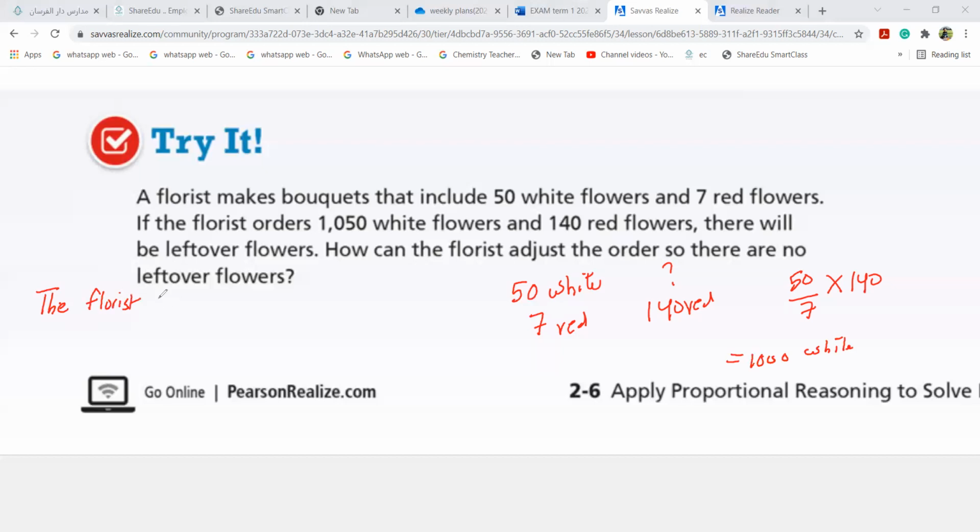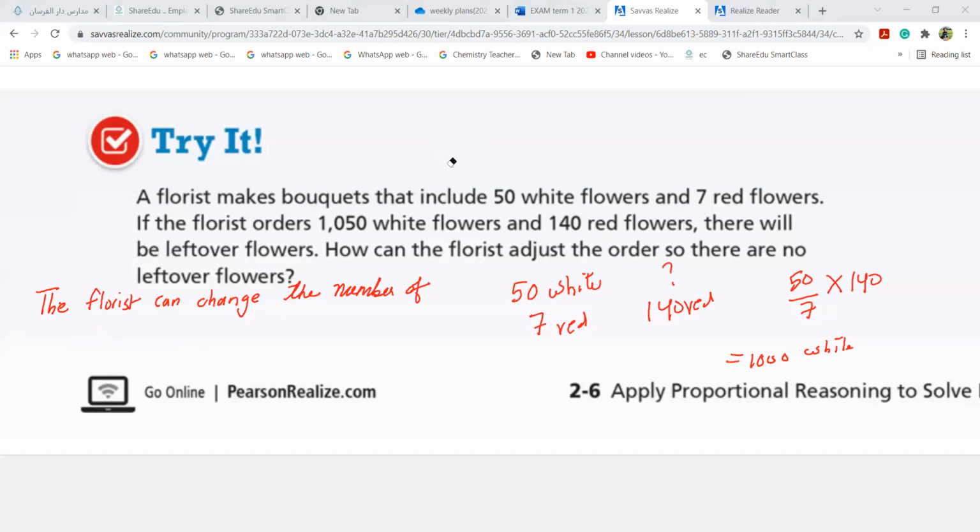The florist can change. Can you see my handwriting here? It's bad, but manageable. Can change the number of flowers, the number of white flowers, not only flowers.